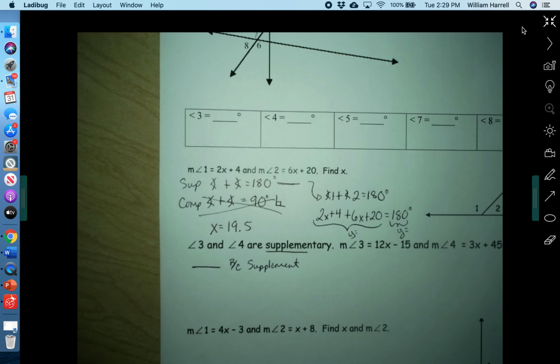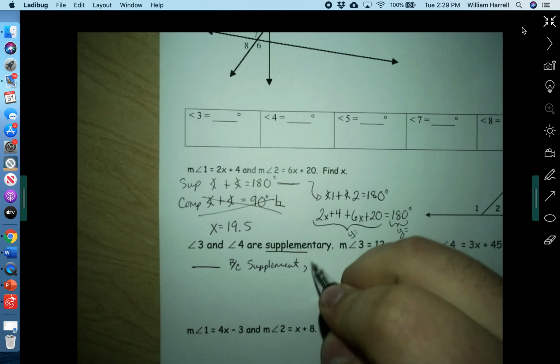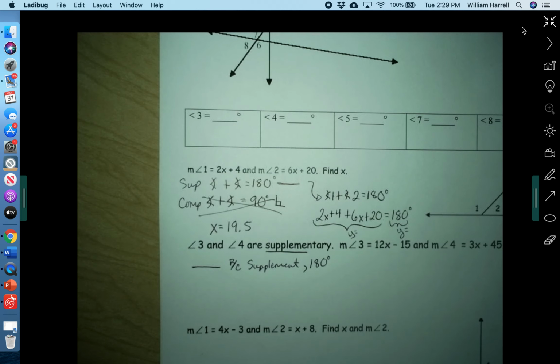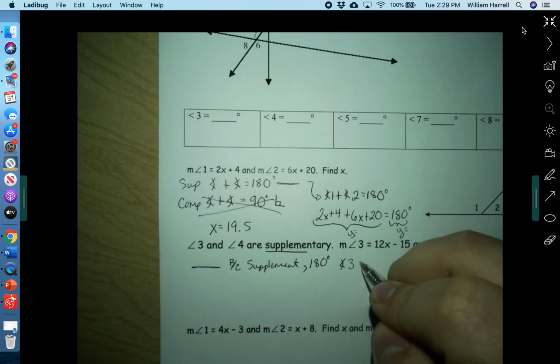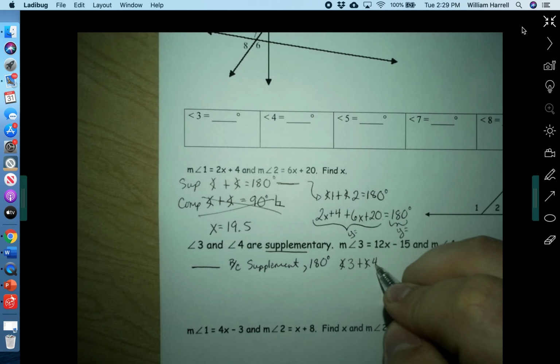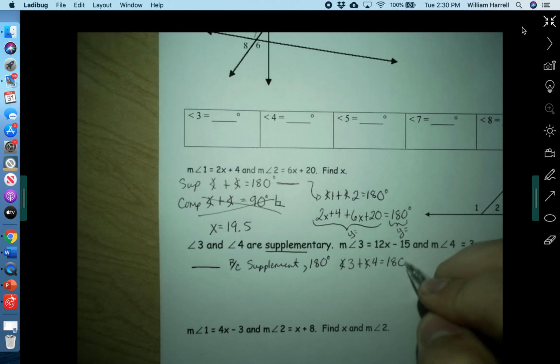Alright, and again, when you see a straight line, what's its angle measure? It is 180 degrees. Therefore, this particular time, angle 3 plus angle 4 needs to equal 180 degrees.